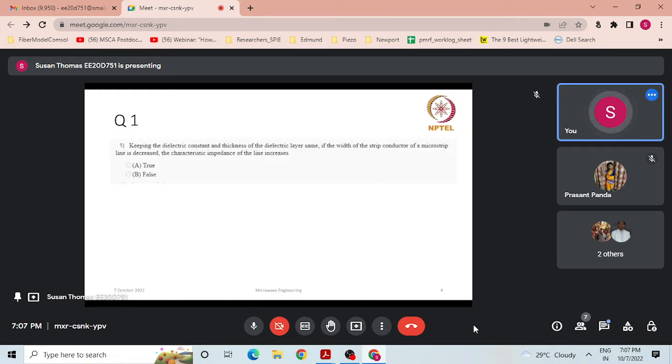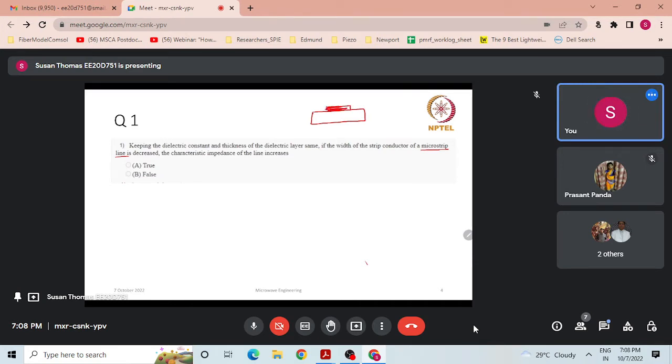To start with, the first question is on a microstrip line. Just to give a brief idea of how the microstrip line looks, this is just to brush up the concept; you have to go through the video lectures in detail.